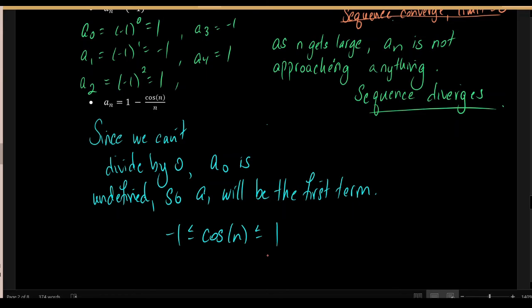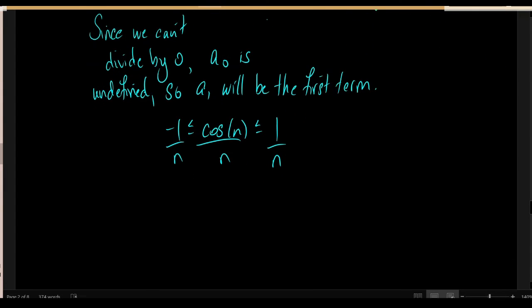Which means if you go in and divide cosine by something, in particular if you divide cosine n by n, then the output of that will always be squeezed between -1 over n and +1 over n. You probably did an argument like this when you used the squeeze theorem in Calculus 1.